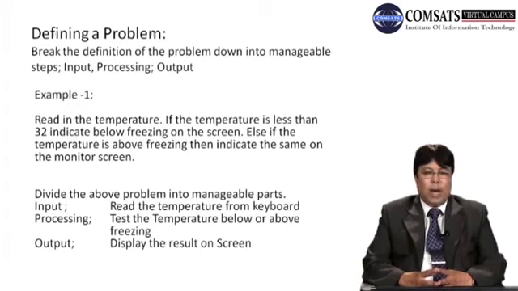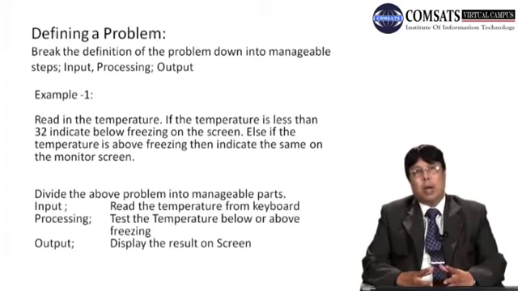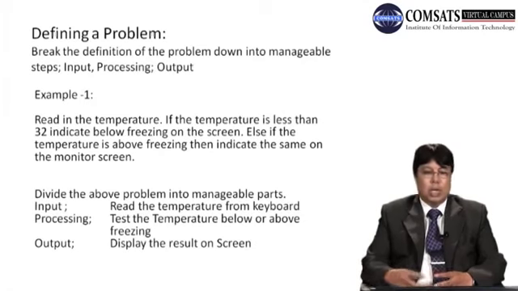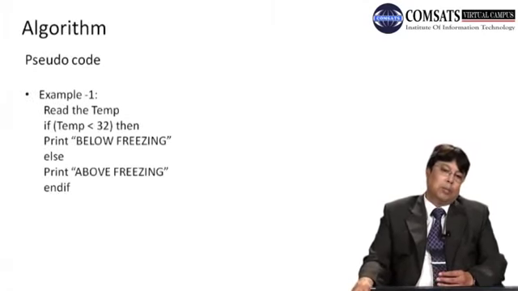So how can we divide the above problem into manageable parts? Input, read the temperature from keyboard. Processing, test whether the temperature is below or above freezing. Output, display the result on screen.